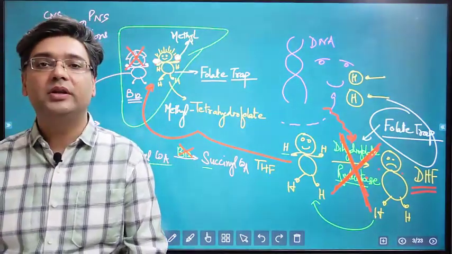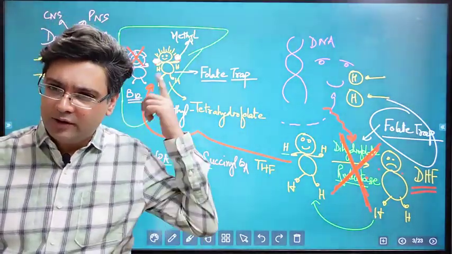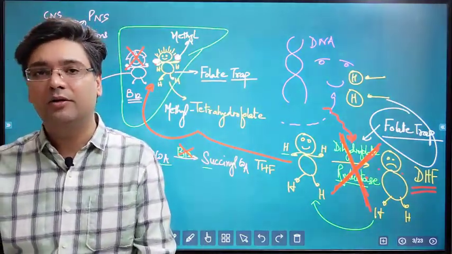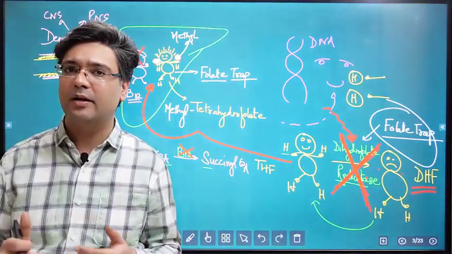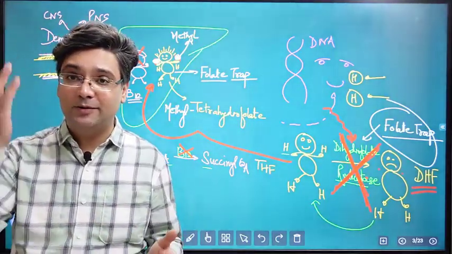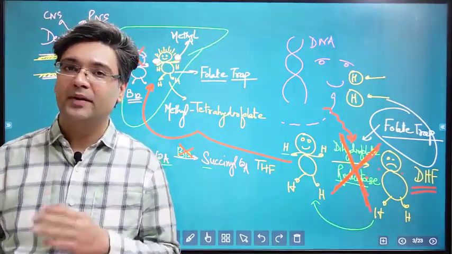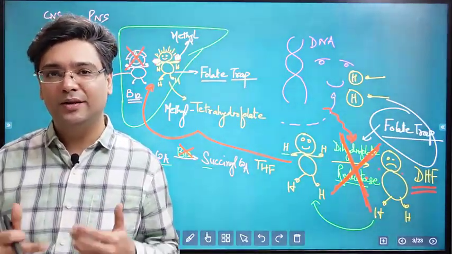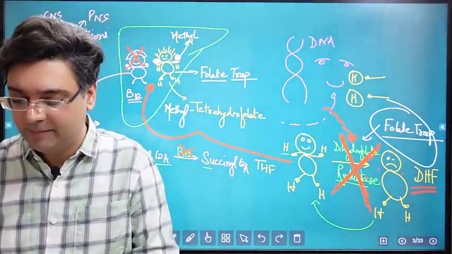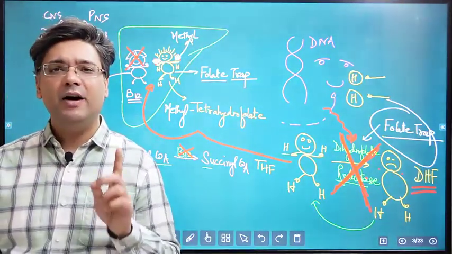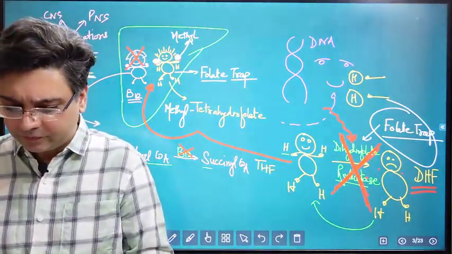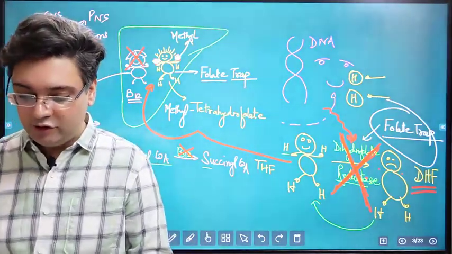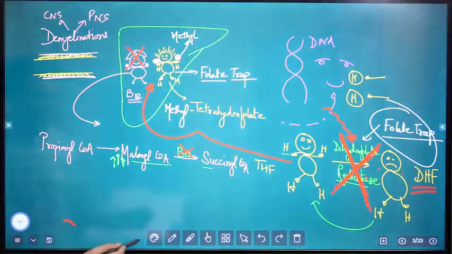The posterior tracts and the lateral tracts of the spinal cord are mainly affected because they are myelinated the most. Because of the faster speed of conduction, they are destroyed, and in fact the first sensation to go is the proprioception sensation.